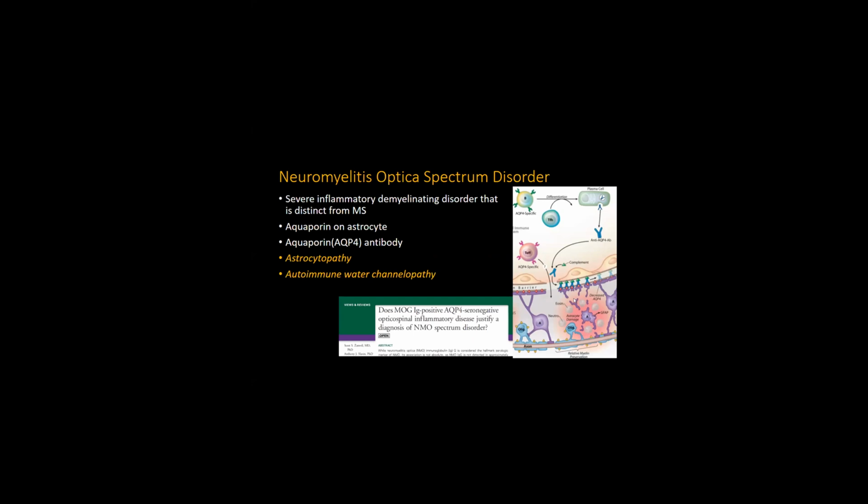This antigen-antibody reaction fixes complement, which amplifies the astrocytic injury. And when the astrocyte dies, it releases GFAP, which is glial fibrillary acidic protein. Initially, you can see very clearly, the myelin is preserved in NMO. So it's basically an astrocytopathy. That is a big difference that I wanted to highlight.